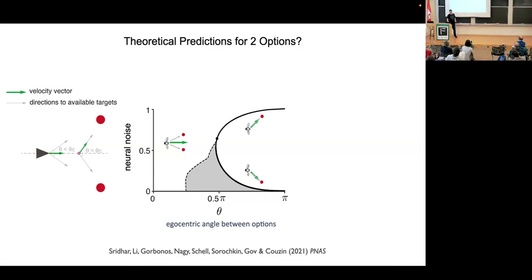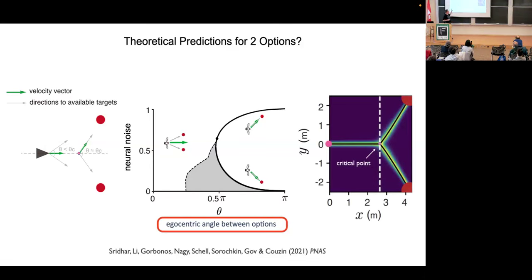So if the animal is far away from the options, this egocentric angle will be small. And what we can prove is that the brain will select the average among the options. And then as the animal slowly approaches the targets, this angle will increase smoothly, a continuous variable, until you hit the spinodal here, at which the brain provably has to transition to a decision-making state.